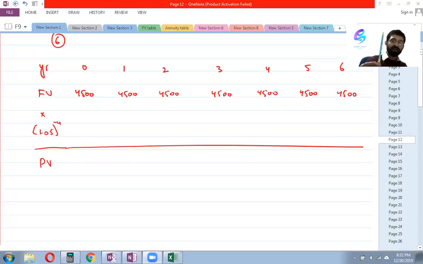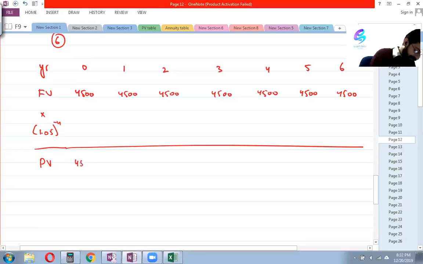So what will be the value now? Of course, it will be $1, right? Because that's already in present value term. So for year 0, which is already in present value, you'll have the same present value. The future value is already in present value term because that is year 0. So the present value will be 4,500.